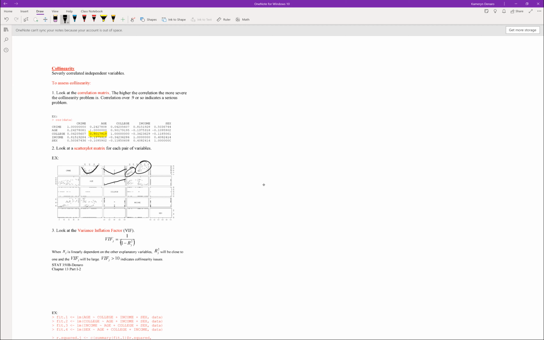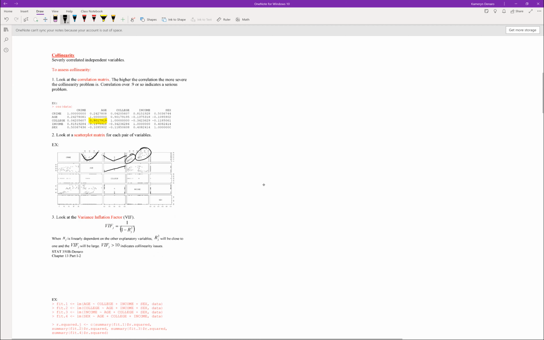For every variable, we regress that variable on the rest of the explanatory variables and get the R squared value, R squared j, of regressing xj on the rest. If our variance inflation factor is greater than 10, that indicates collinearity issues, and we should consider refining our model further. So let's do an example.